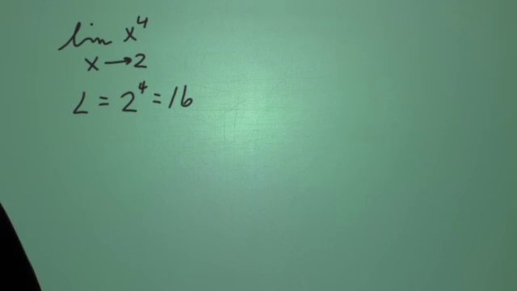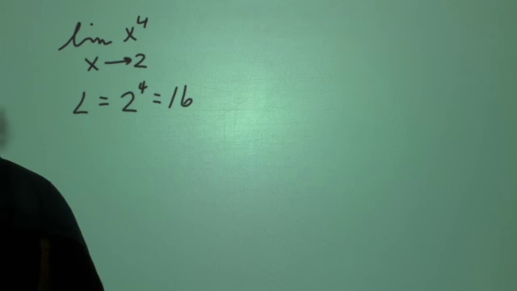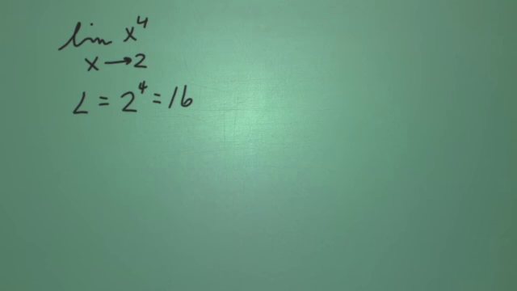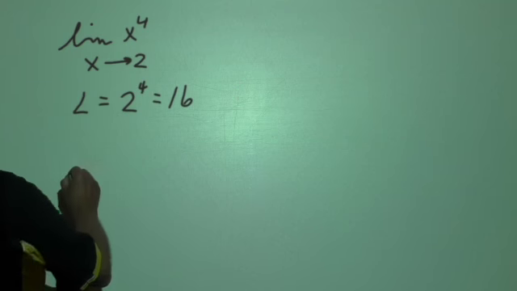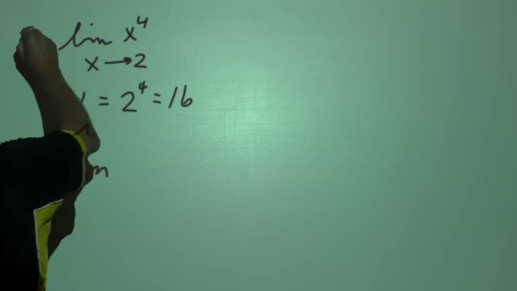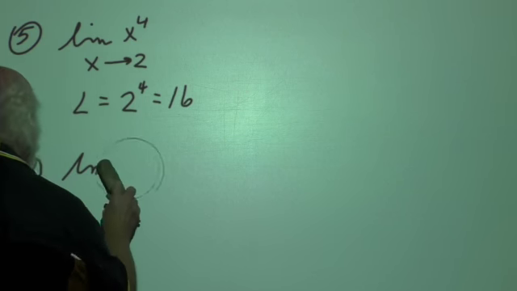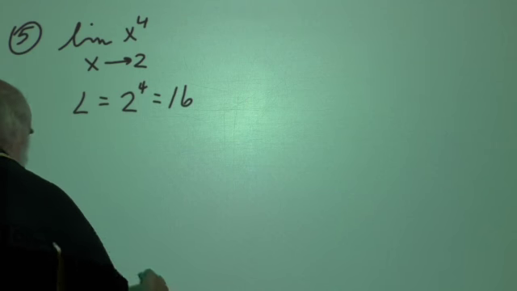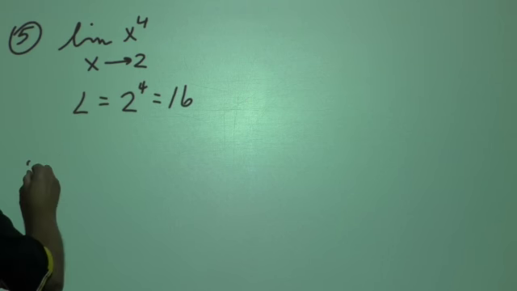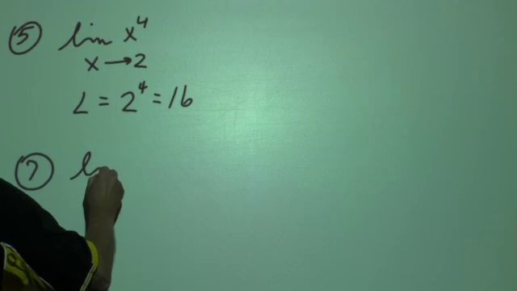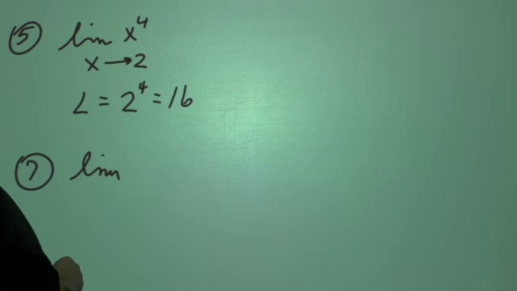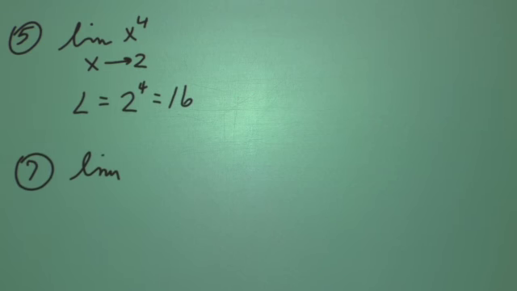Okay, so for number 7, the formula here is the limit of 2x minus 1 as x approaches 0.